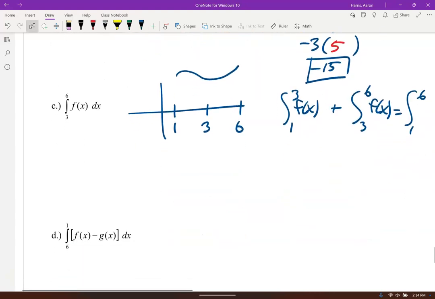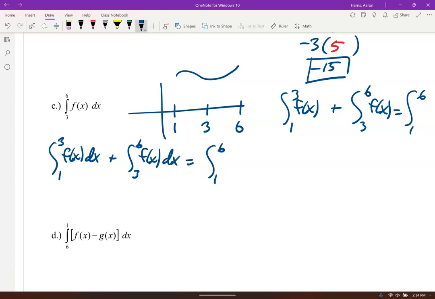So I'm going to use that. I'm going to say, all right, well, 1 to 3 plus 3 to 6 will be the same as 1 to 6.